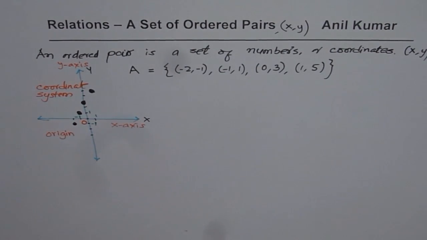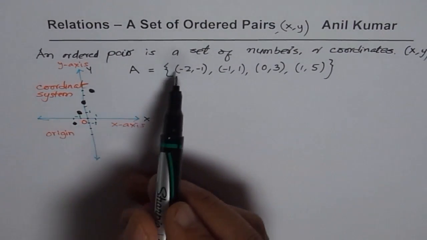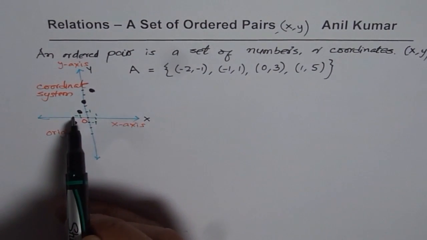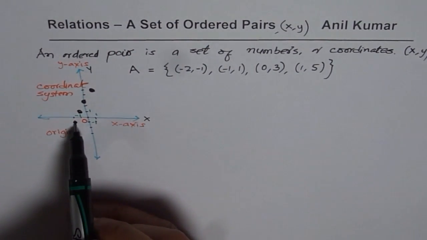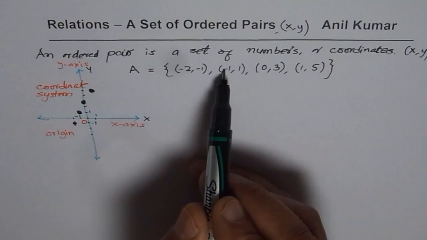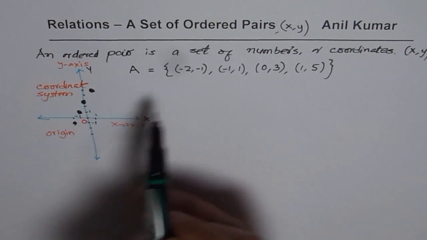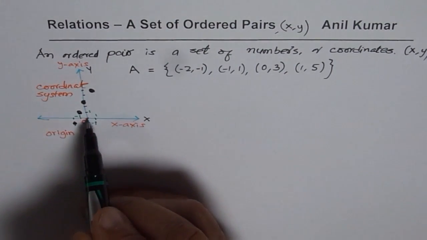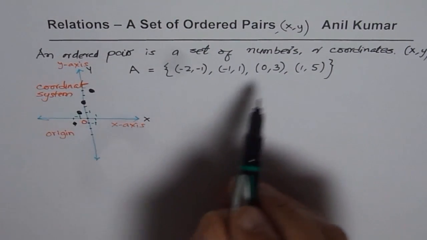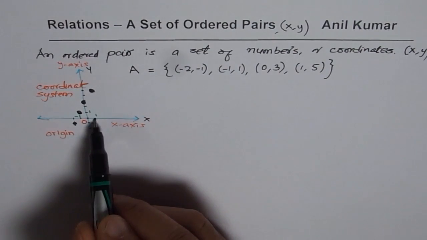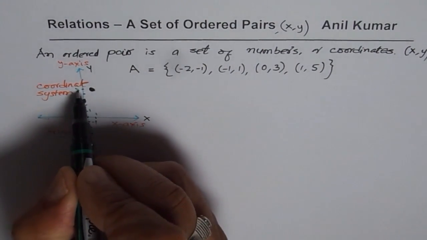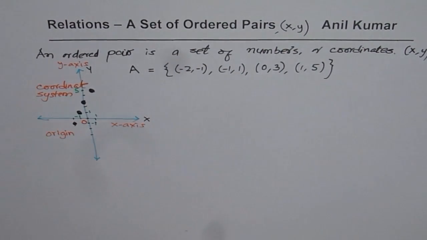So for -2, -1, go along the x-axis 2 units to the left and then 1 unit down. For -1, 1, you go 1 unit to the left and 1 unit up. 0, 3 is along the y-axis, 3 units up, and 1, 5 will be 1 unit to the right and 5 units up.